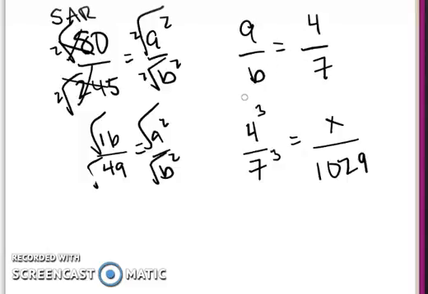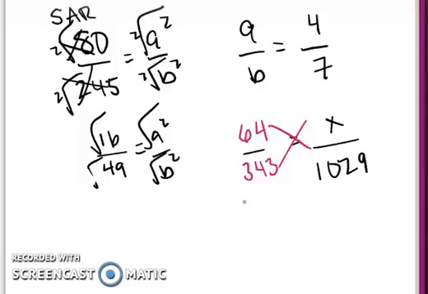And we're going to do this in my calculator. I get 4 to the third power, which is 64. So erase that and write 64. And 7 to the third power is going to be 343. Now I have the right ratio, not 4 to 7, but 64 to 343. And now we can just cross multiply.